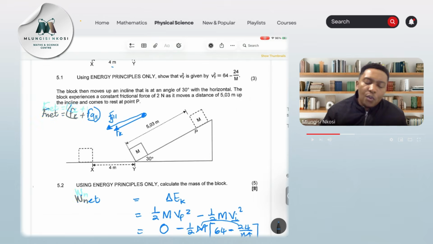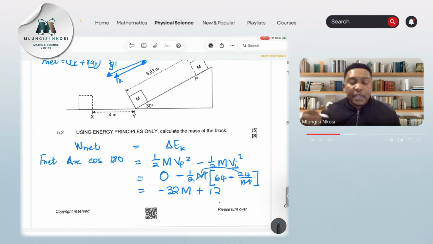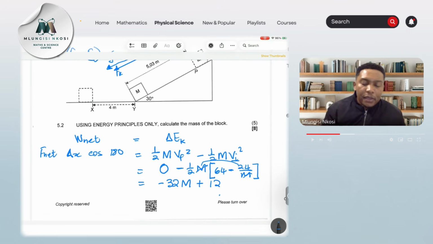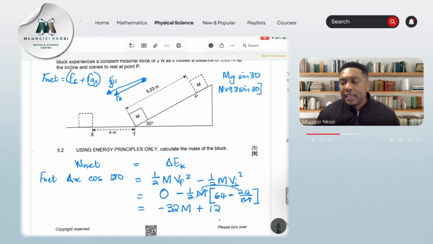So when I work them out, I'm going to say F net times delta x, the cos of 180, because my net force is opposing the motion, right? So what is my FG parallel in this case? It's going to be mg, the sine of 30 degrees. So that's m times 9.8 sine 30.